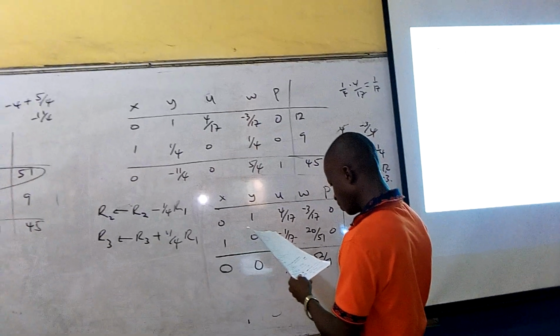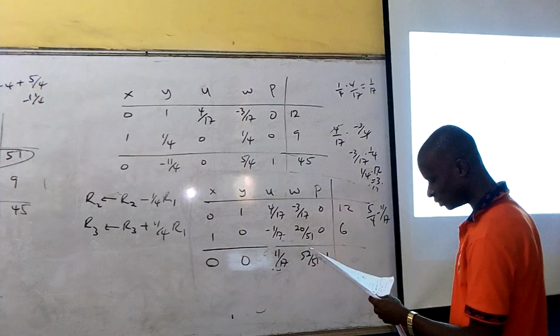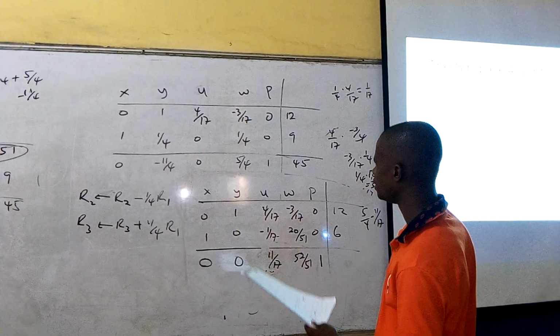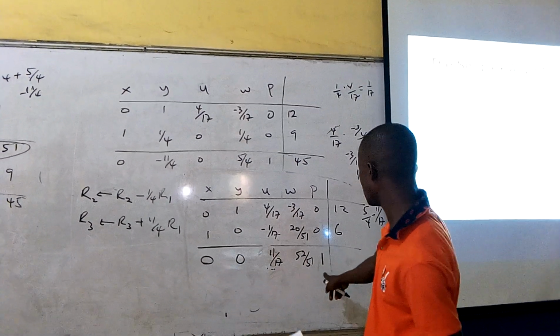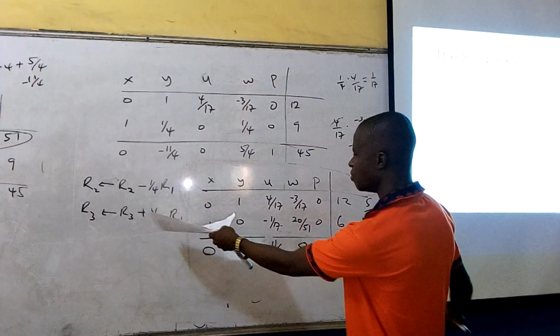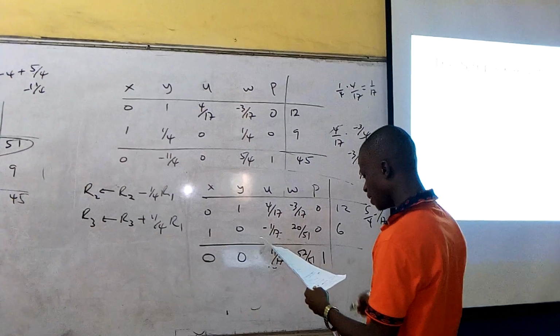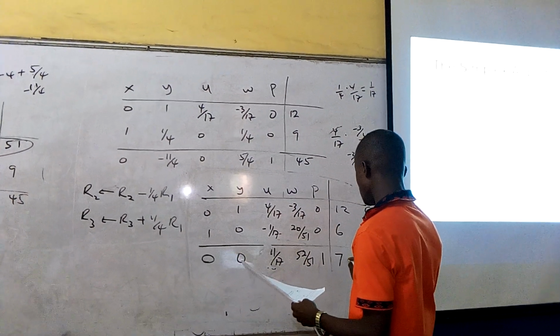Then this will give us 1. It still will be 1. Because 11 over 4 times R1 is 0, then plus 1, and the right hand side we turn to 78.